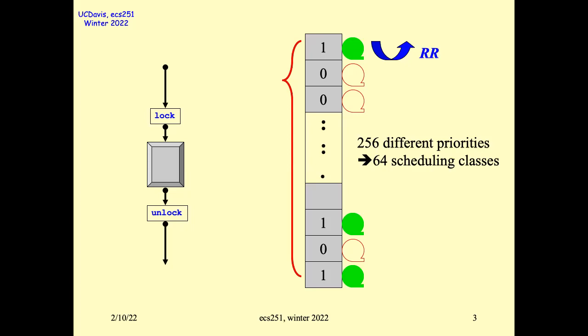So that's why there are 64 different classes, which actually cover all 256. In other words, in this system, if you're priority number 2 and priority number 3, it doesn't matter. In this implementation, they will be treated as the same. Yes, it's using priority classes in this particular scenario.